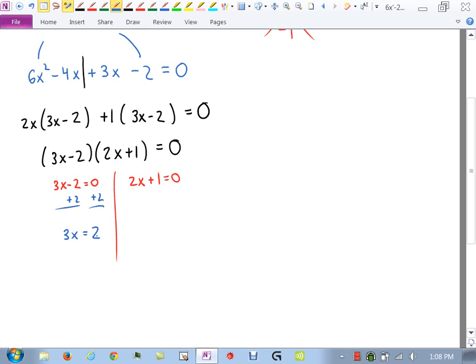So adding 2 to both sides, then finally divide by 3, and just leave it as 2/3. The other one, minus 1 both sides. That gives you 2x is negative 1. Then divide by 2, negative 1/2.